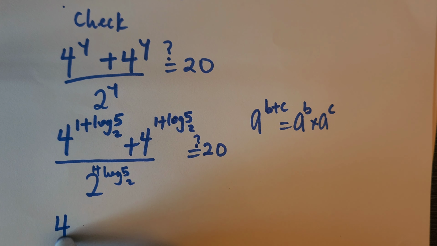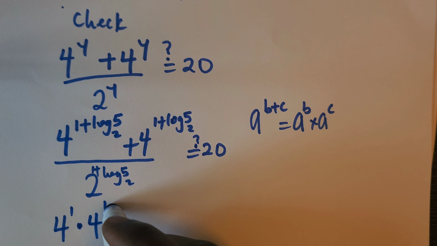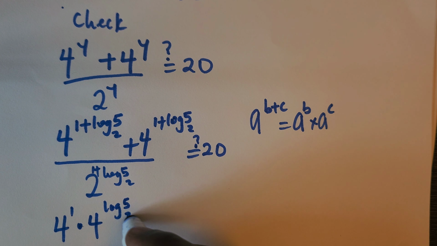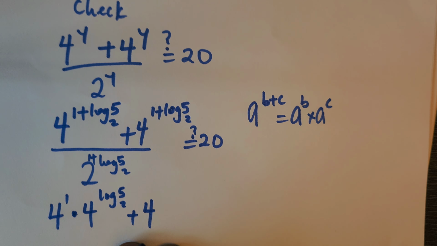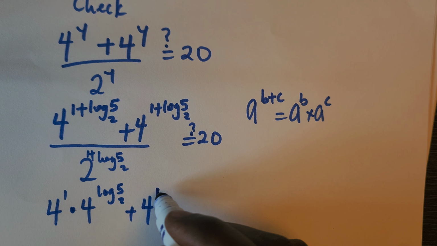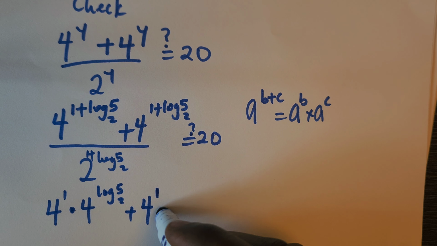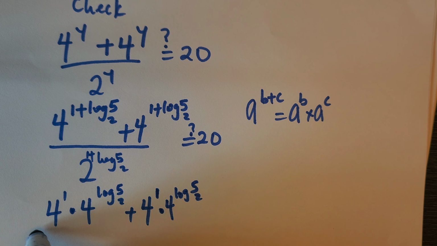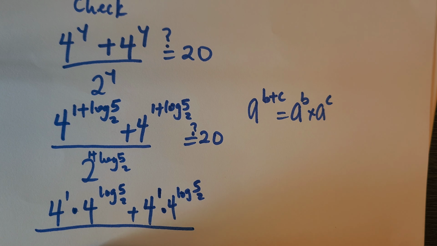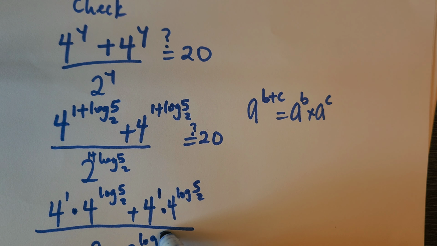This is safe to say 4 to the power of 1 times 4 to the power of log 5 base 2, plus 4 to the power of 1 times 4 to the power of log 5 base 2, divided by 2 times 2 to the power of log 5 base 2.